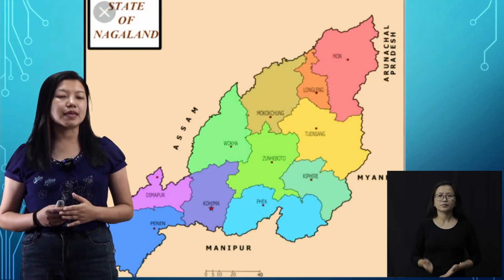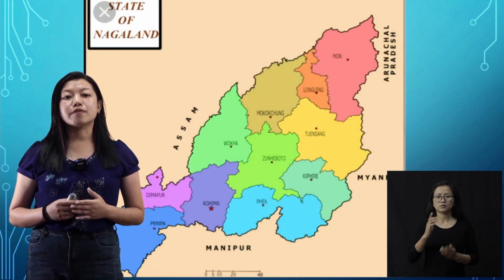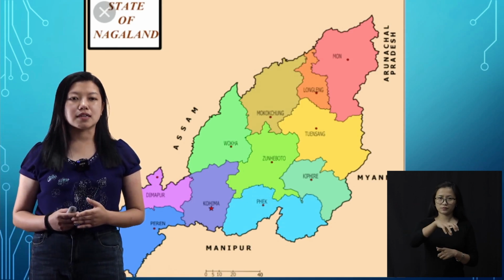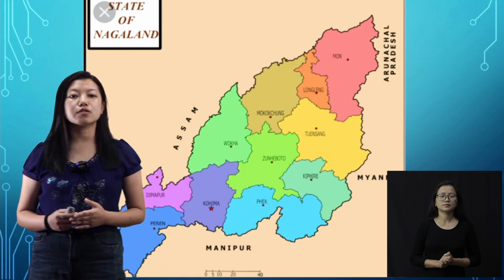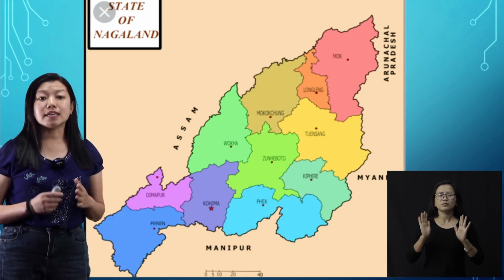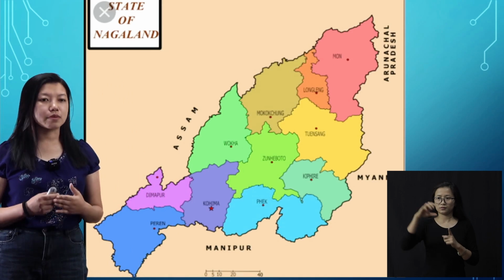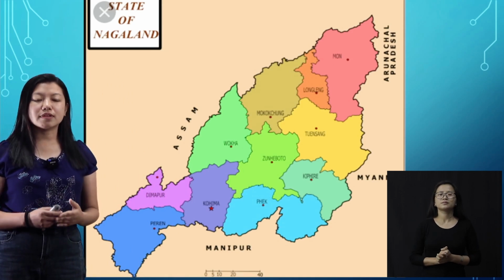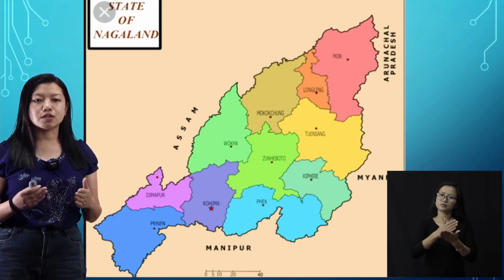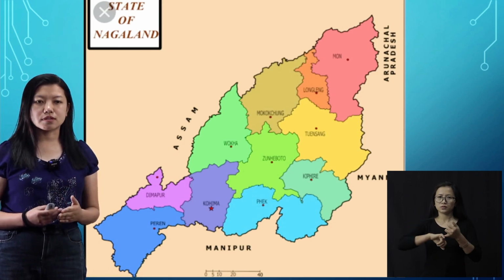So before I begin this lesson, I'm going to first tell you about the different districts in Nagaland, okay? So you can see in the picture here, right? We have 11 districts, okay? Please remember that we have 11 districts and these districts are again divided into subdivisions, all right?